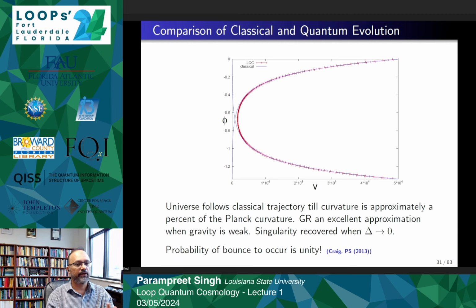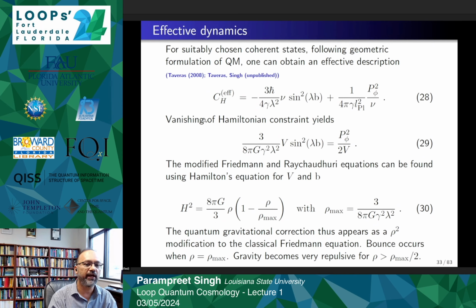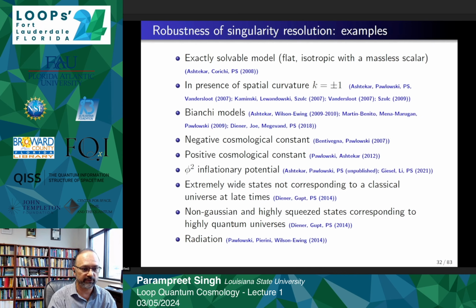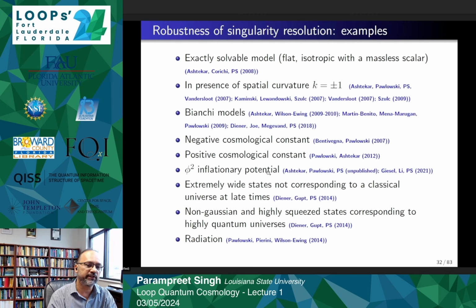Later on, when we had more faith thanks to all of these works, testing different models and effective dynamics, and so on, this effective dynamics has been tested very rigorously. Then we used this effective description for arbitrary matter. Now that's an assumption again. For arbitrary matter, we had to make it, because we had tested different models, different potentials and so on.